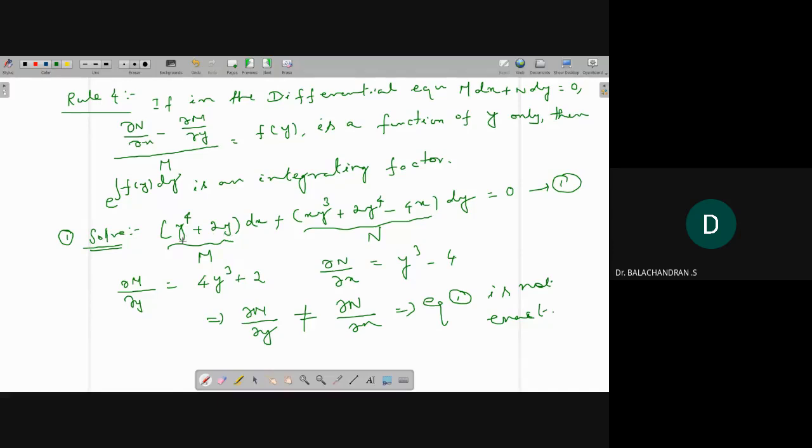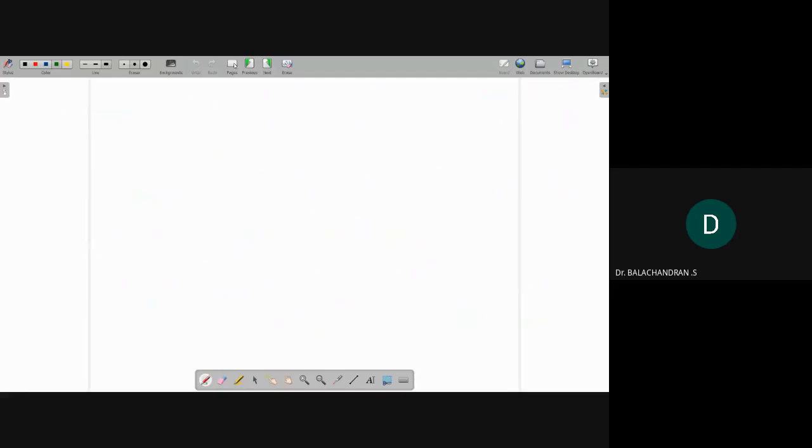Please check whether this is homogeneous. It is not homogeneous. Then you should check whether it comes under rule 2. Rule 3 and rule 4 you need to check simultaneously. If it does not come under rule 3, it should come under rule 4. So here you need to calculate dou n by dou x minus dou m by dou y divided by m.